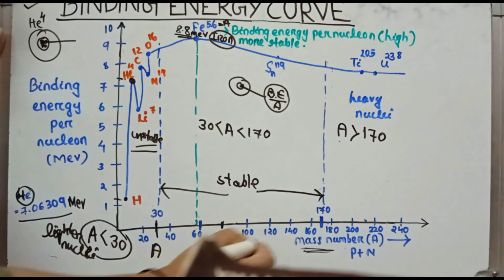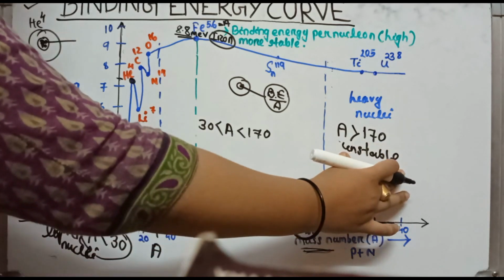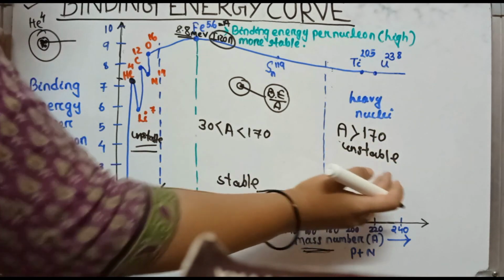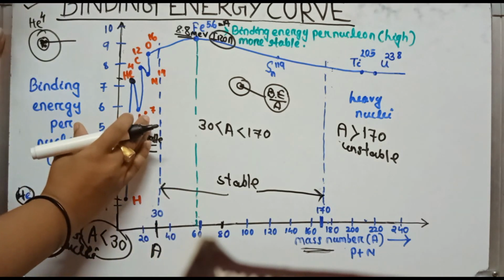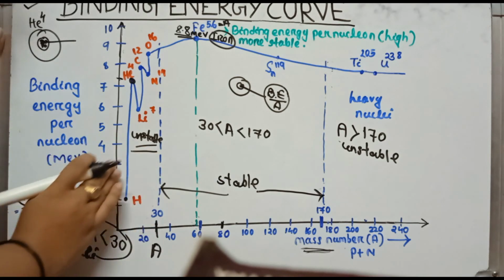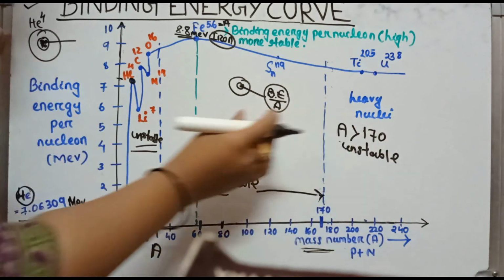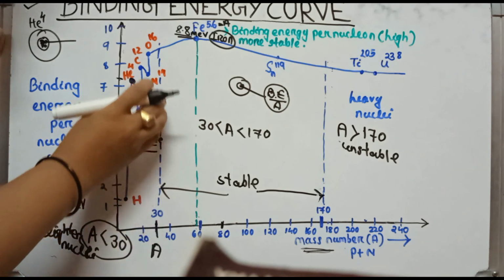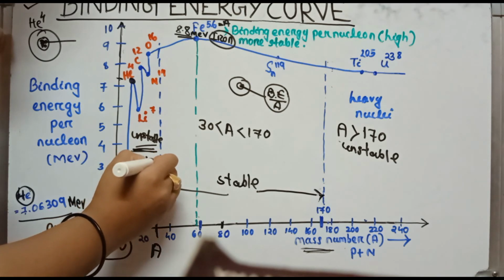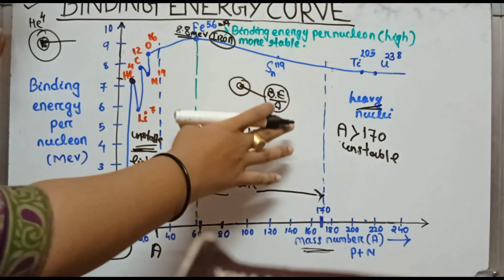They are also unstable. That means here we conclude that mass number greater than 170 or less than 30, both are unstable. The lighter nuclei and the heavier nuclei both want to become stable.